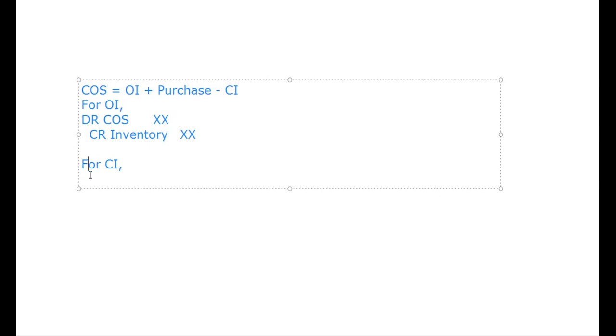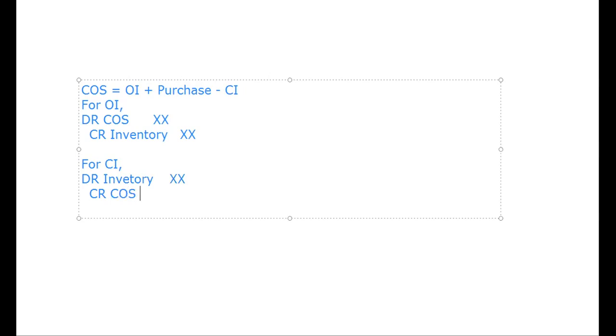So in the statement of financial position, I would debit inventory, and I would also credit cost of sales by the same value of inventory. It's just a normal entry, but most students make a lot of mistakes here.